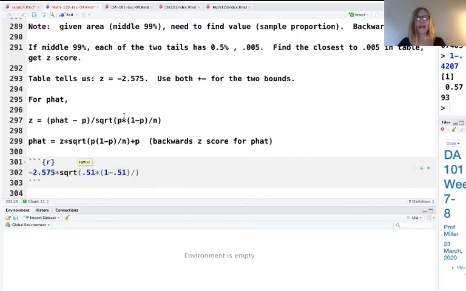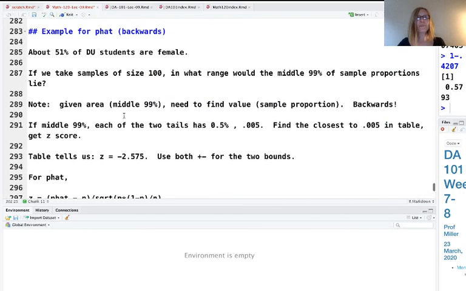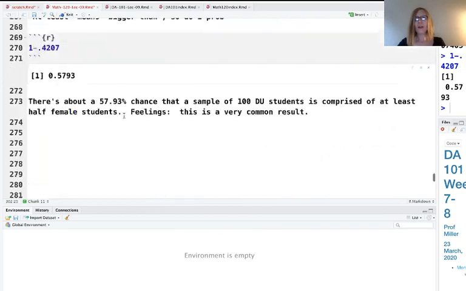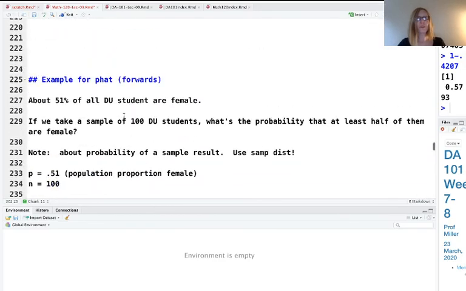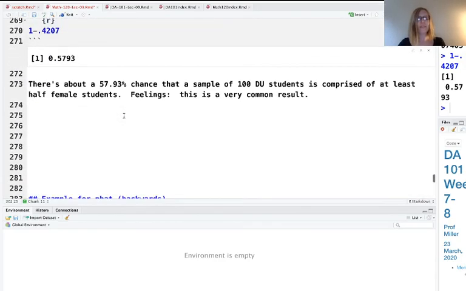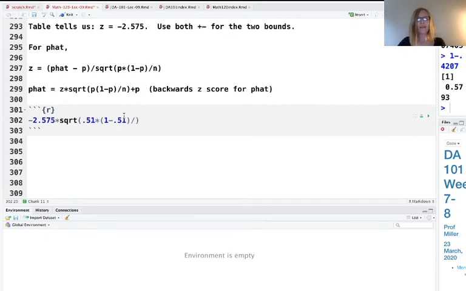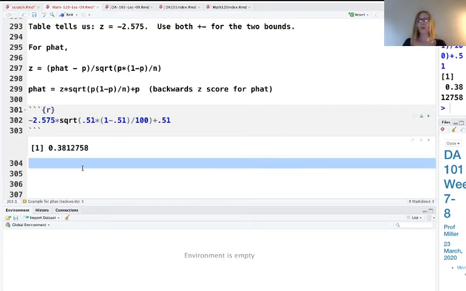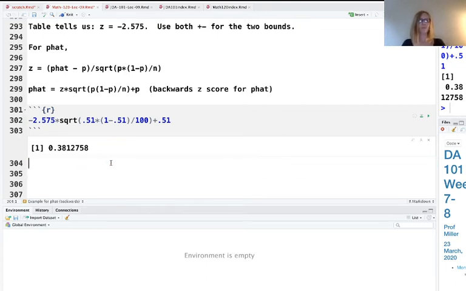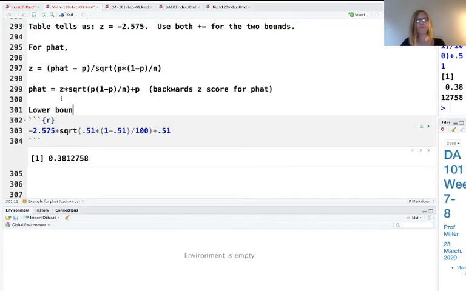What was our sample size here? Sample size 100. Did we do 100 for both of these? Let me make sure. Okay, that's fine. Divided by 100, plus the sample proportion of 0.51. That's my lower bound.